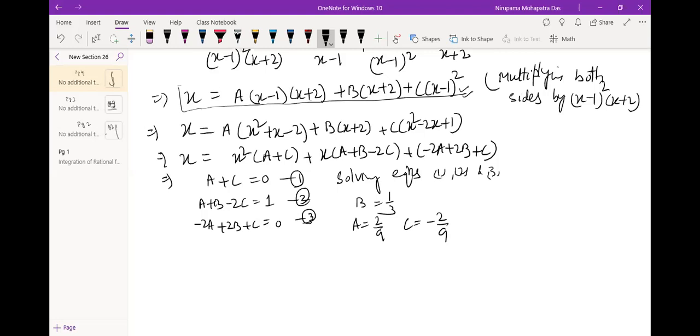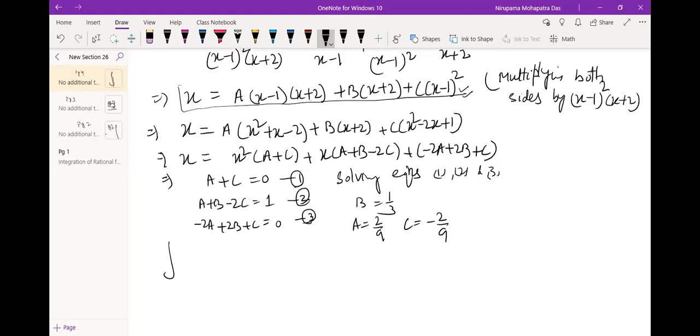If you write x equal to 1, you are getting b equal to 1 by 3. If you write x equal to minus 2, this is 0, this is 0, and you get c into 9, so c equal to minus 2 by 9. And after getting c, a will automatically be 2 by 9 because a plus c equal to 0. Right?